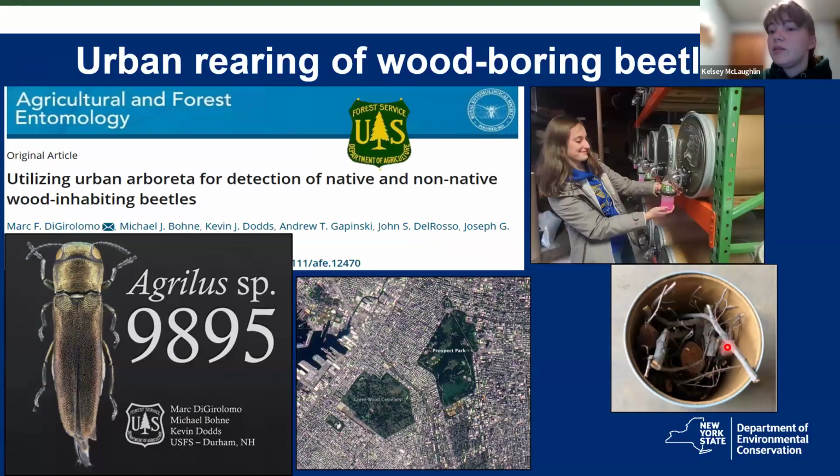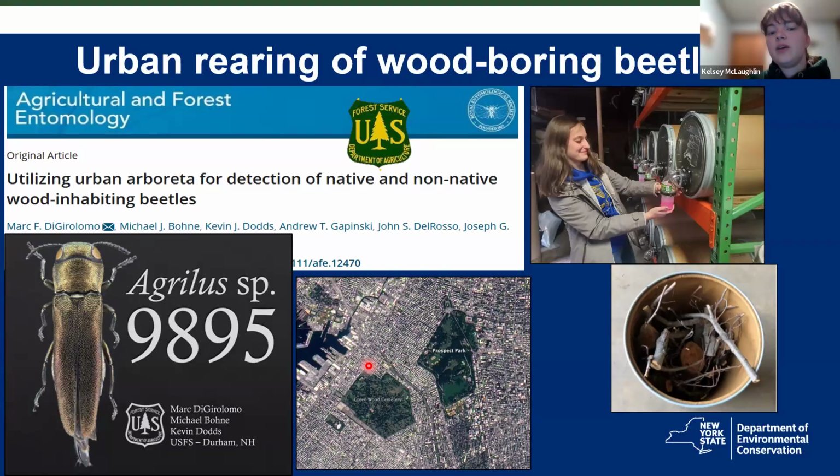You can also kind of bring the bugs to you. And that's the idea of this urban rearing project. This was started by the Forest Service at Greenwood Cemetery, which is one of the green spaces in Brooklyn. And the idea was, Greenwood Cemetery is an arboretum. It has a lot of non-native tree species.